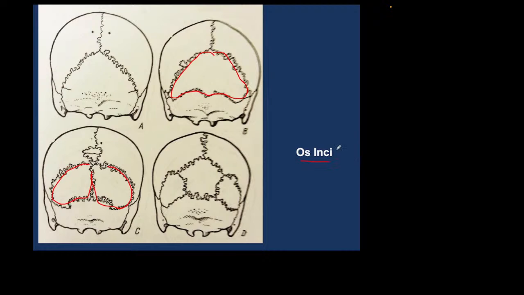Inca bones. I hope you remember that the Inca were the people who lived in South America, and such bones were found firstly in Latin America, and the Spanish decided that it is typical only for the Indians who used to live there, but we find such additional occipital bones also in Europe, in Asia, everywhere.